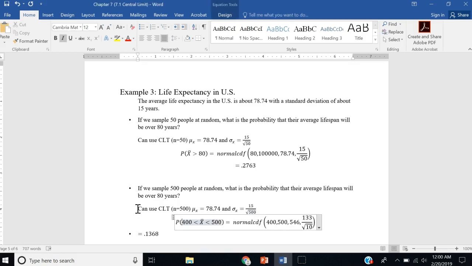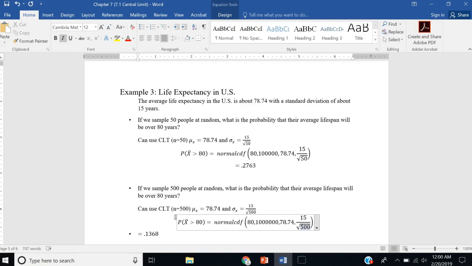The probability, again, we're trying to find what's the probability that the average is going to be greater than 80. So we're going to use normal CDF, 80 up to a really big number. My average is 78.74, and my standard deviation is 15 over the square root of 500. Okay.